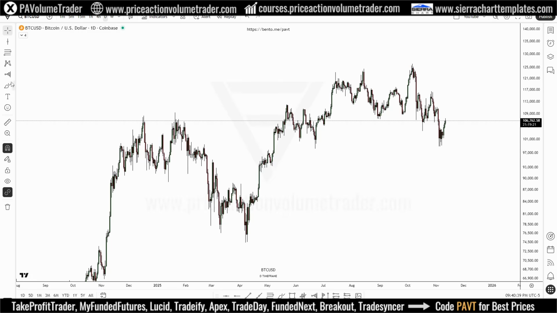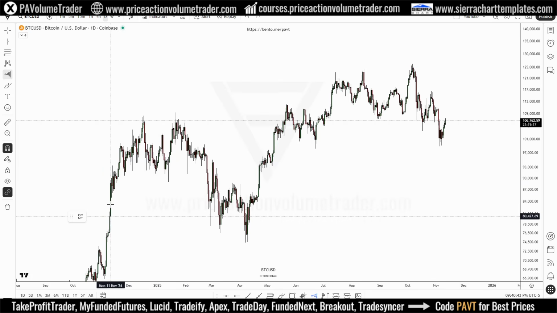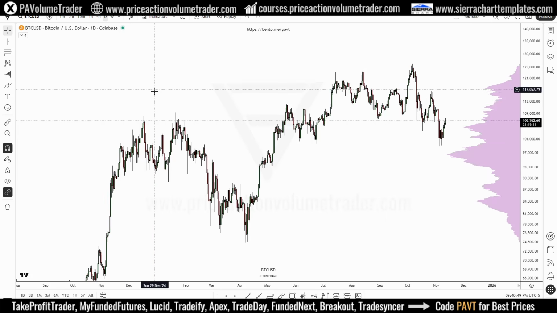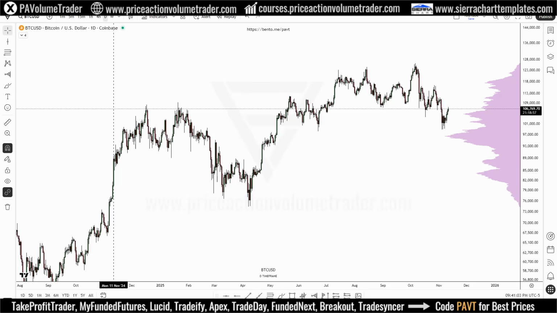So if I was starting a profile for Bitcoin, I would go from the breakout that started this whole consolidation. So pretty much going back to this day, November 11th of 2024, that's where I would anchor my long-term profile.